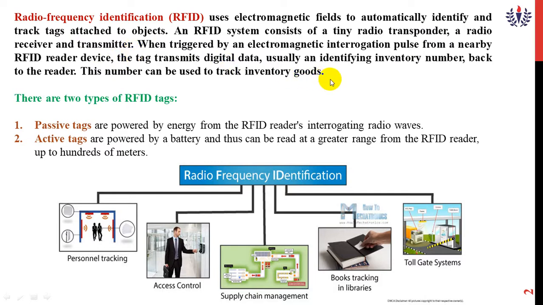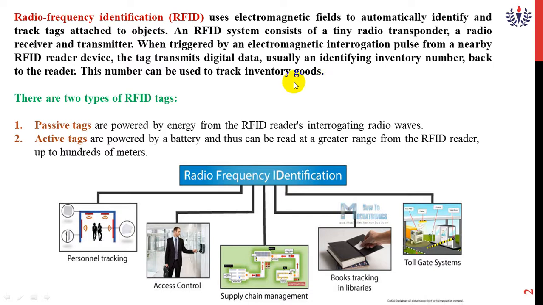When triggered by an electromagnetic interrogation pulse, meaning 0 and 1, a square signal from a nearby RFID reader device, the tag transmits digital data, 1s and 0s, using an identifying inventory number back to the reader. This number can be used to track inventory goods.